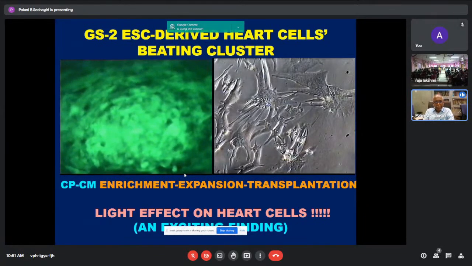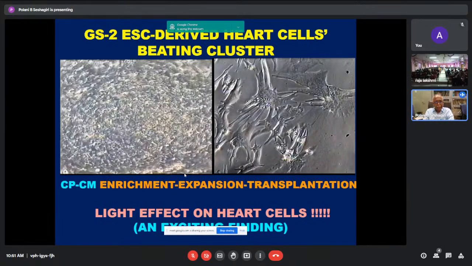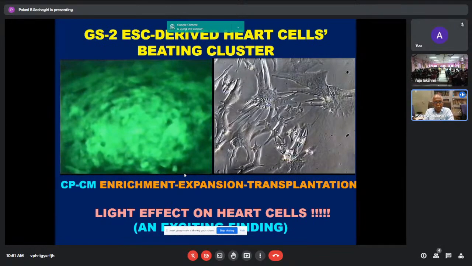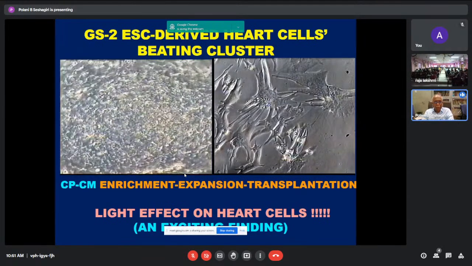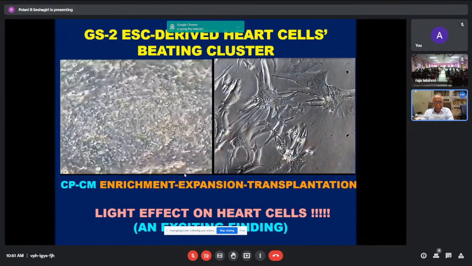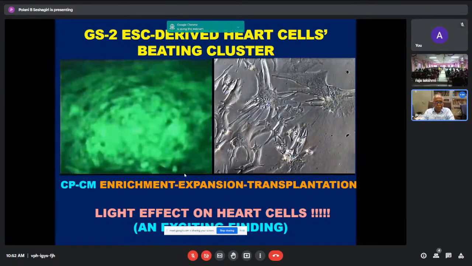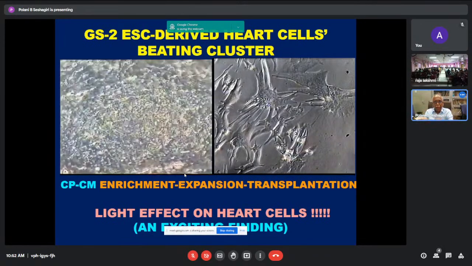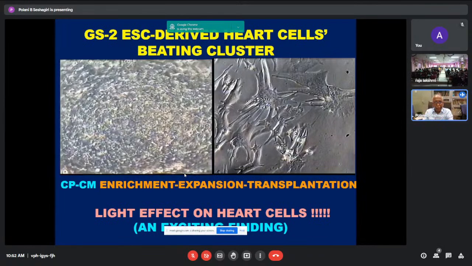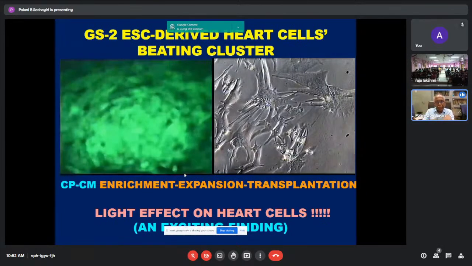So obviously it was a fantastic discovery that he made several years ago, that monochromatic light, if it is continuously exposed to cardiomyocytes, ceases to beat. But when you expose them back to normal light and put the petri dish back into the incubator, it recovers. So it's a transient cessation of beating, which is recoverable if they are not exposed for too long.